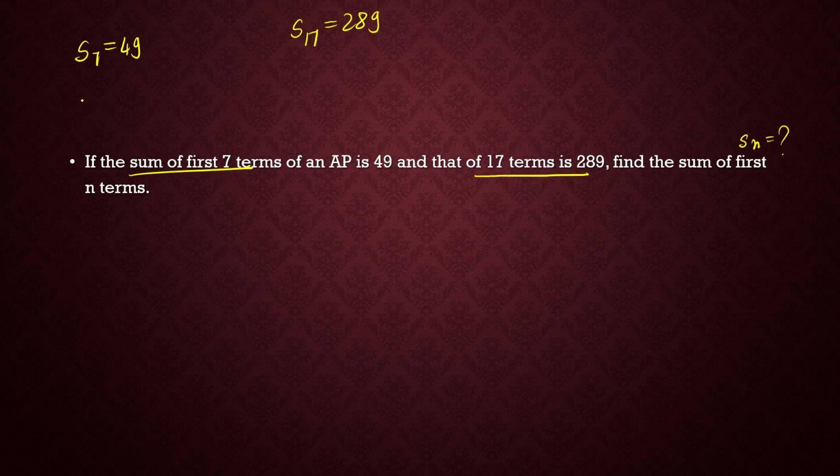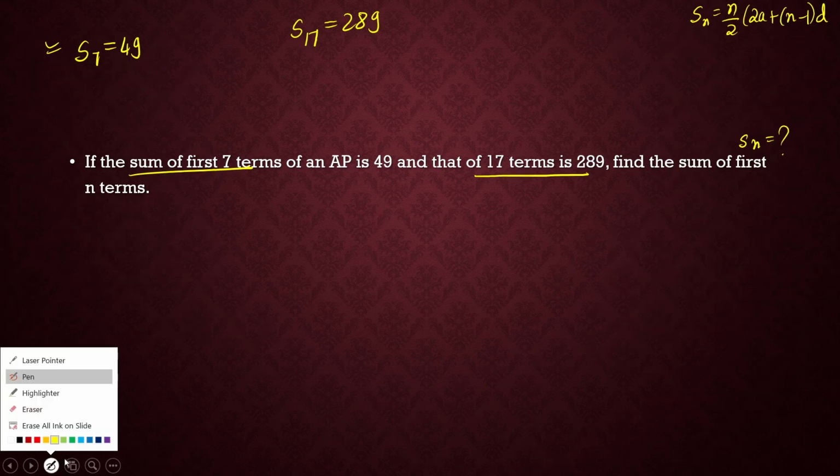So S7 I can write as 7 by 2, because I'll use this formula: Sn is equal to n by 2 into (2a plus (n minus 1) into d). The value of n in this case is 7.